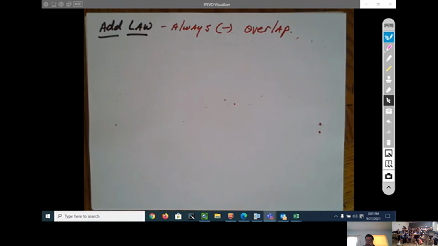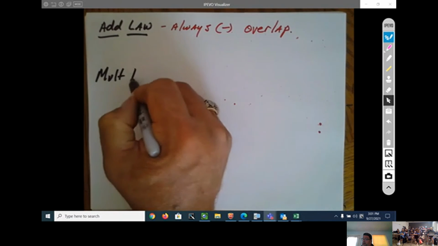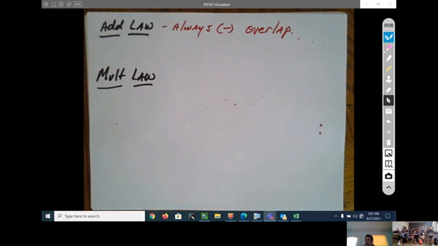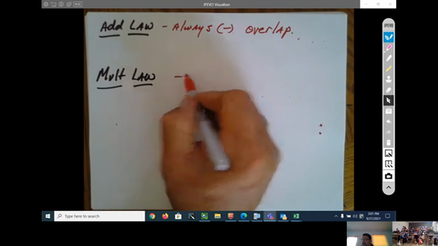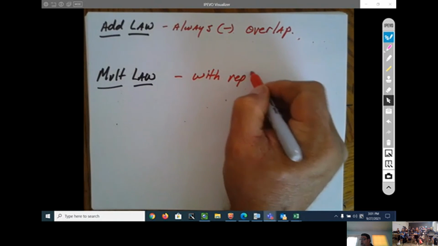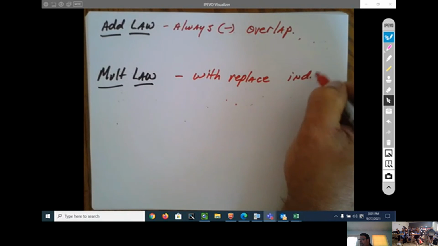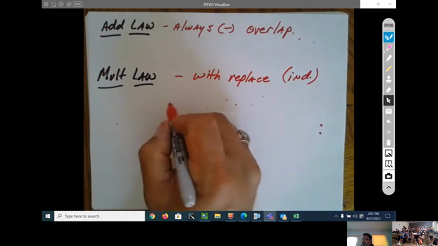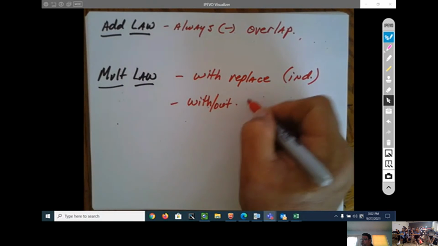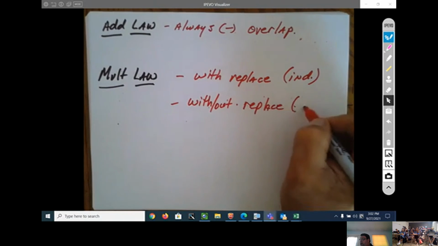With the multiplicative law, you have to do a little bit more. You have to know whether it's with replacement, which is called independent, or without replacement, which is called dependent.